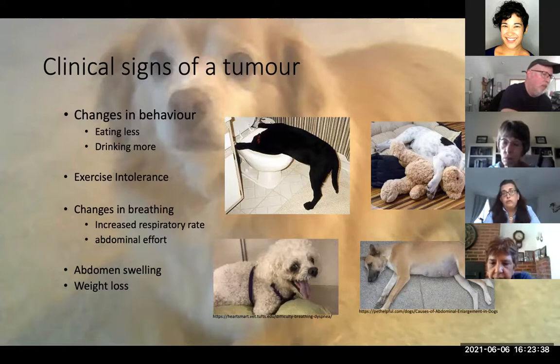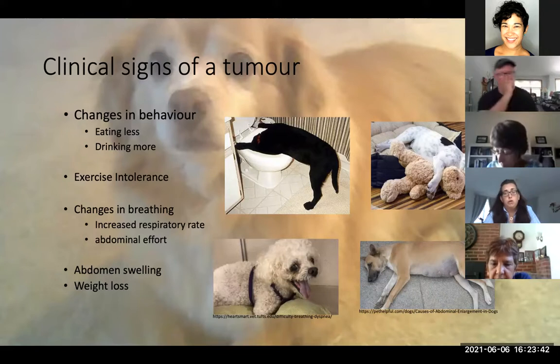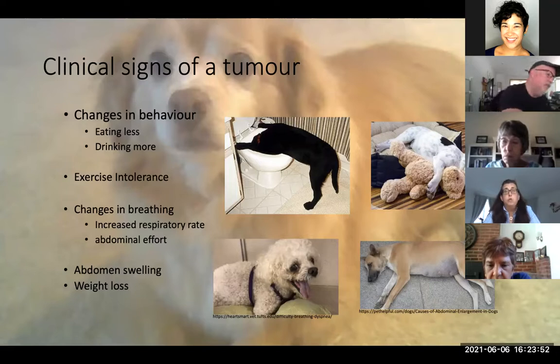They're fighting for energy and out-competing the healthy cells for it. So they can be eating very well but have weight loss. This can be mild, or it can be quite severe, where they go from having a little extra to seeing their ribs over a short period of time.